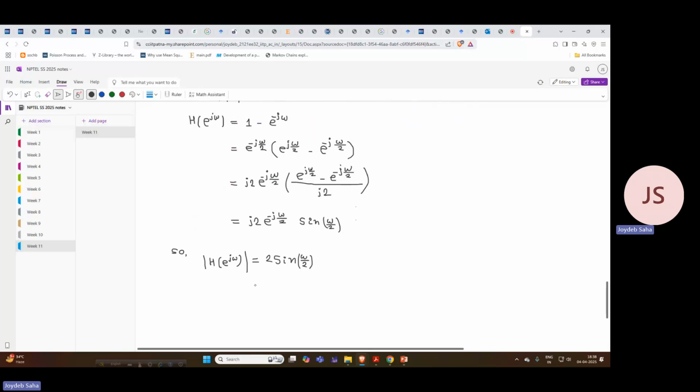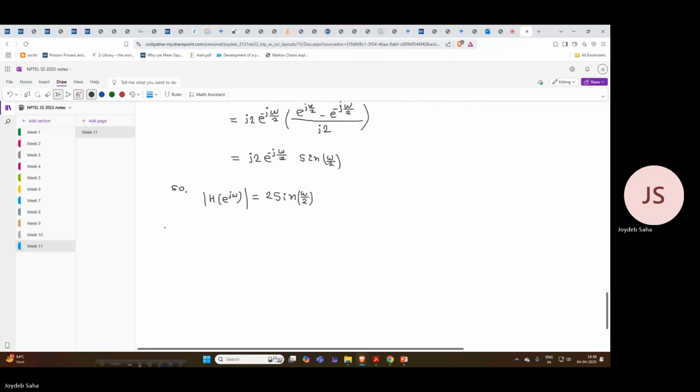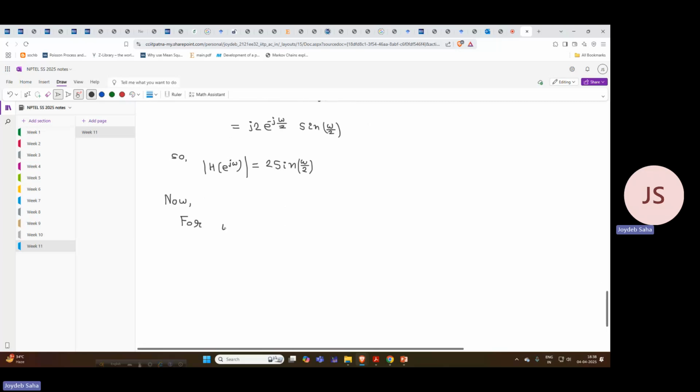Fine. So now, for omega equal to 0, mod of H of e to the power j omega is equal to 0.